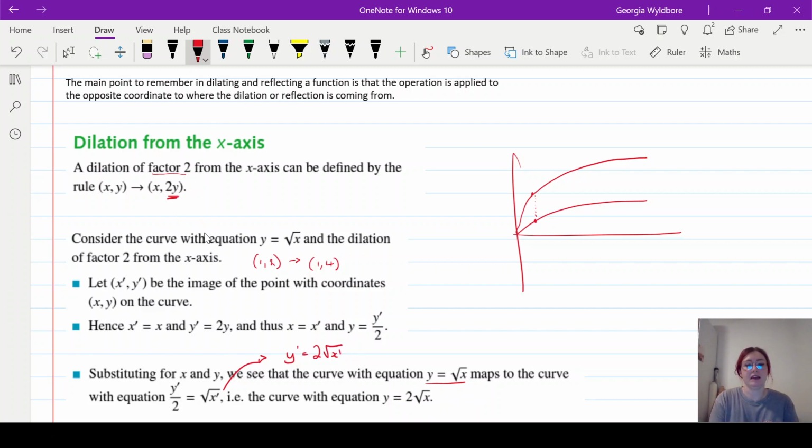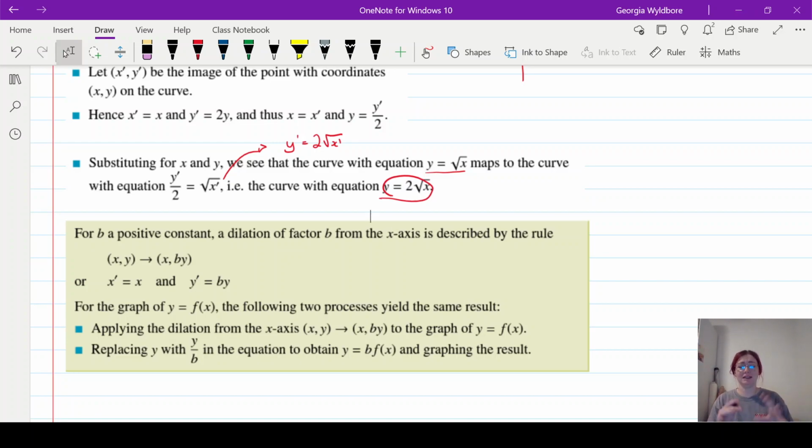But because in this case we're looking for the equation of the dilated graph, the equation of the image, we just write it without the dashes and it becomes y equals 2 root x.